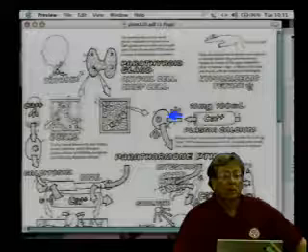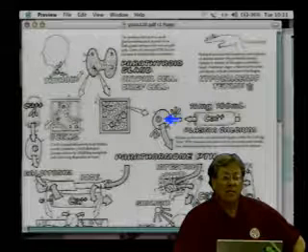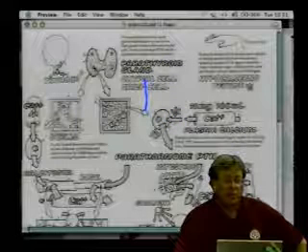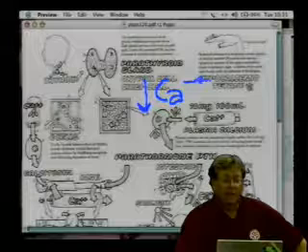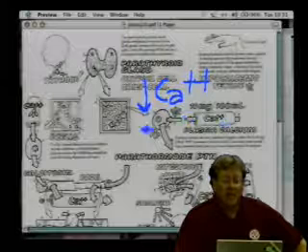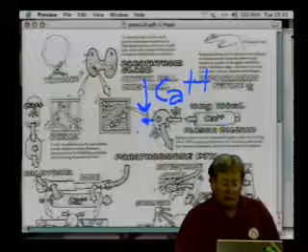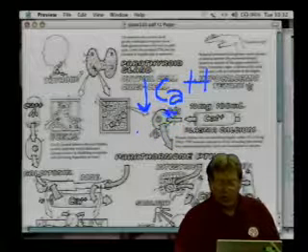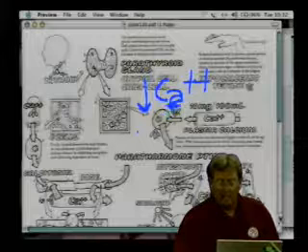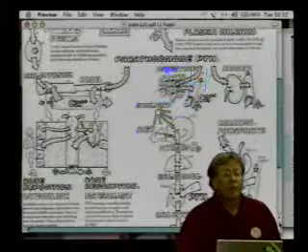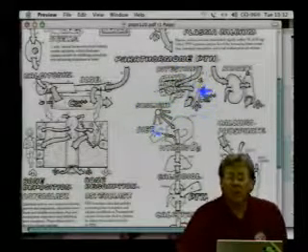Parathyroid hormone is released in response to decreases in calcium. So this little arrow here indicates a decrease in blood calcium, elevations in parathyroid hormone. It has as its target tissue the intestines, where it stimulates calcium uptake from the gut.